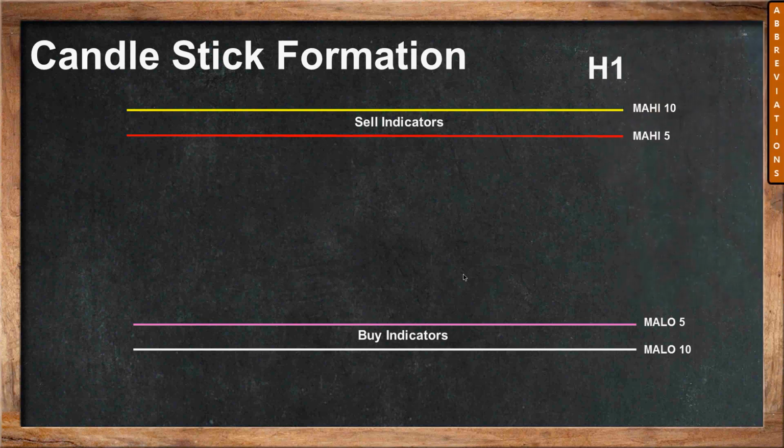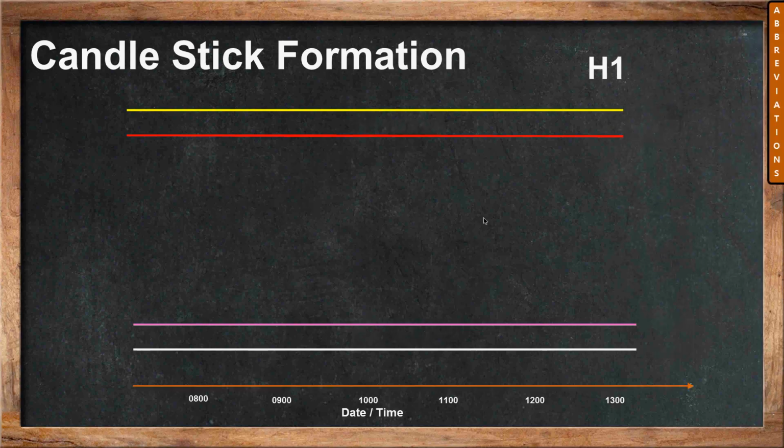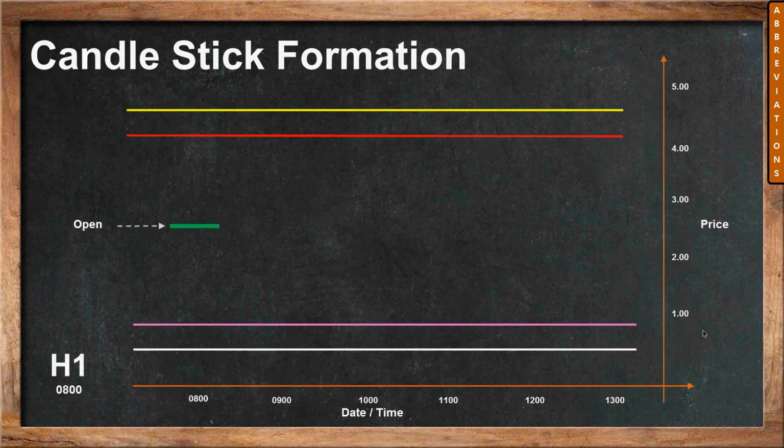Now we're in time frame H1. As I said earlier, we have the time frame at the bottom, date and time, and on the right hand side, we have the X and Y axis, you have the price. Let's say right now we are on an H1 time frame and the time now is 8 o'clock.